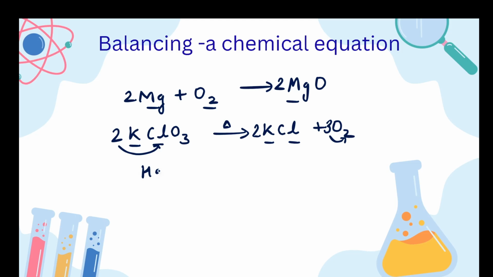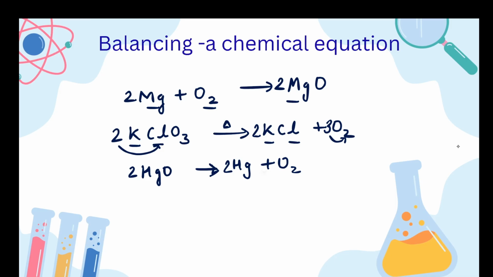Next, if we take mercuric oxide forming mercury and oxygen, in this case also we need to balance the oxygen. It is very simple. You will place 2 in front of mercuric oxide. Here also mercury you have to change to 2 and the oxygen is getting balanced. So remember children, whenever you are balancing, you will always place the value in front of the given chemical compound.